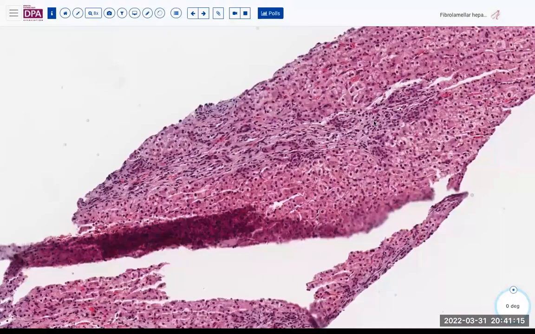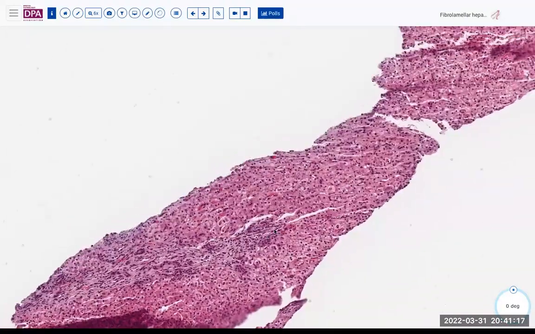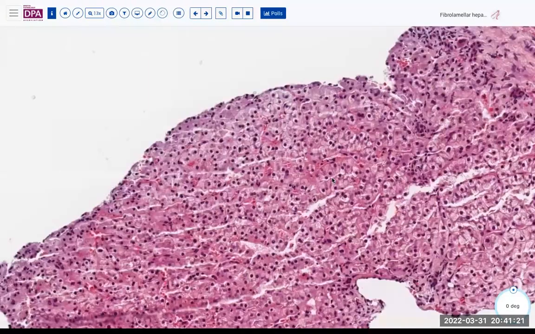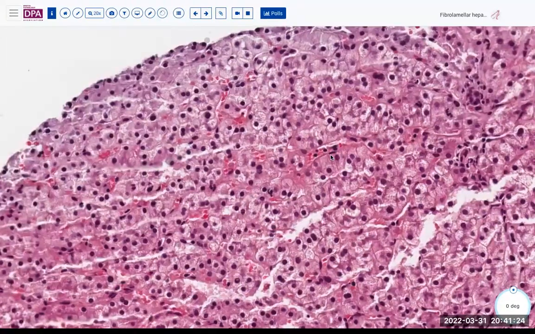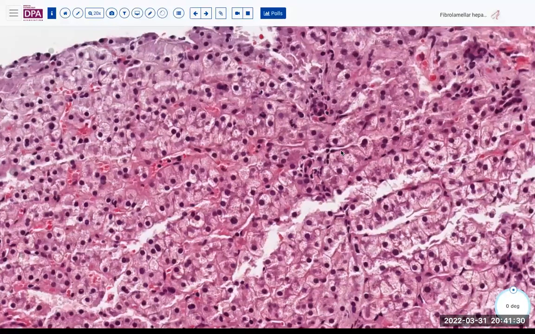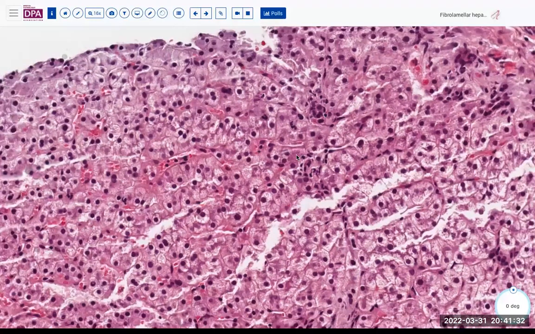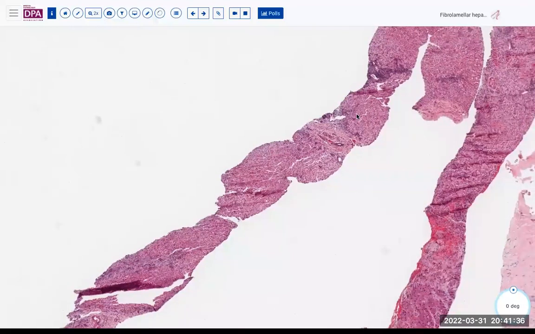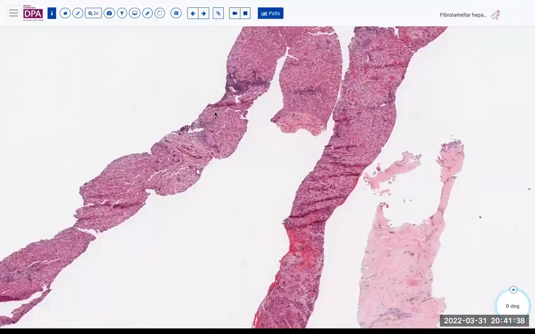So it's not a background cirrhosis, as you can see from this fairly normal appearing liver tissue here, with nice liver cell plates, sinusoids, a few Kupffer cells along some of these sinusoids as well. So that's a nice contrast between the tumor and benign hepatocytes.